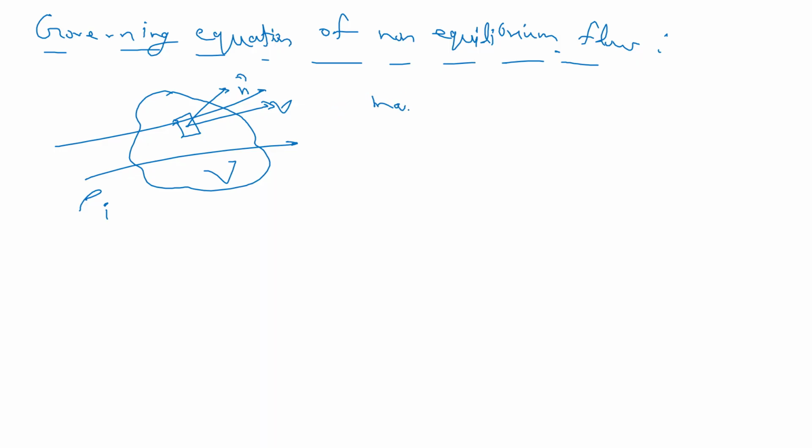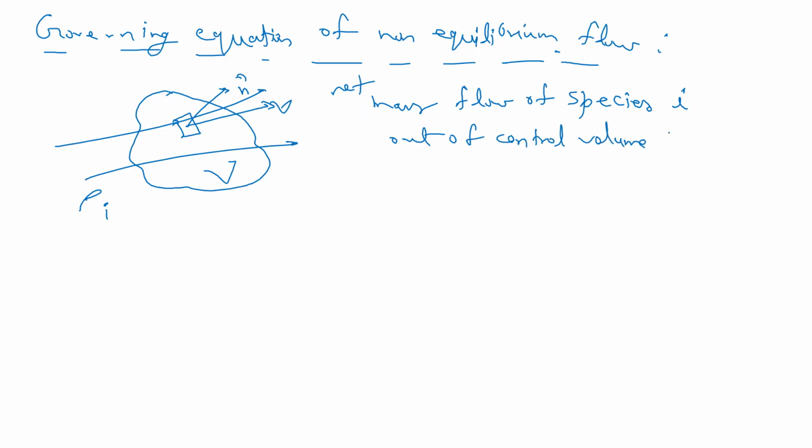So the net mass flow of the species I out of the control volume will be double integration rho I v dot dS.